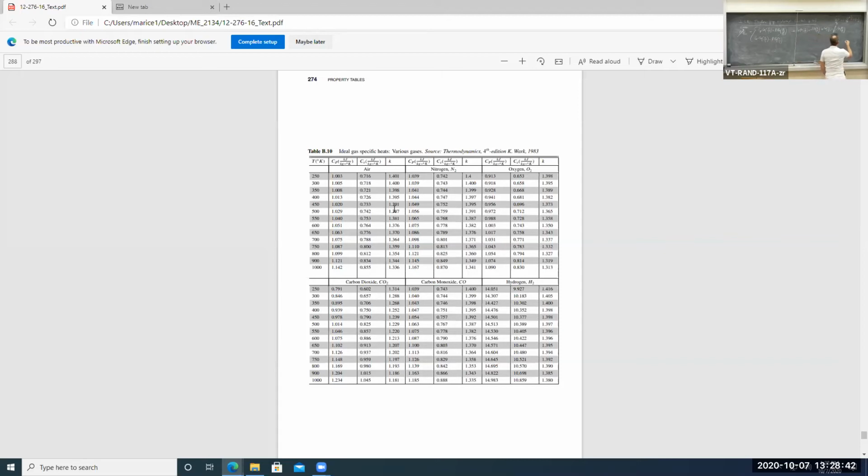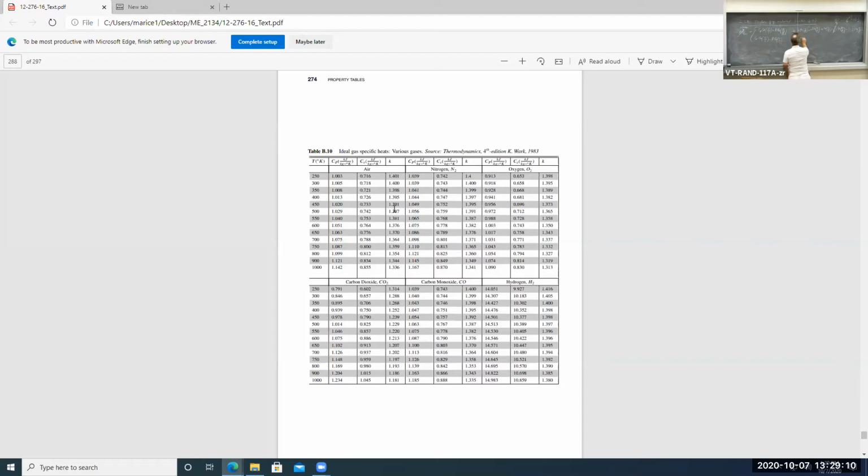Okay, so let me write this. We got 1 minus 1 over k, natural log P2 over P1. Now I'm going to take this quantity in parentheses and stick it inside the natural log, so multiplication becomes exponentiation.